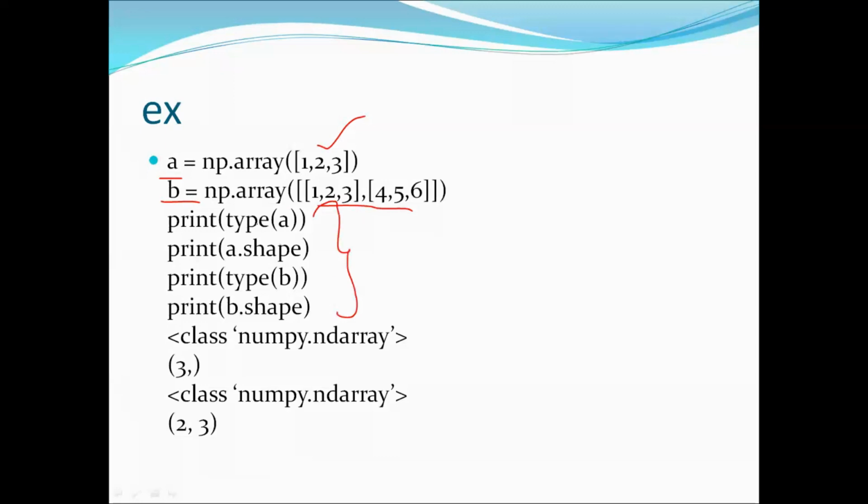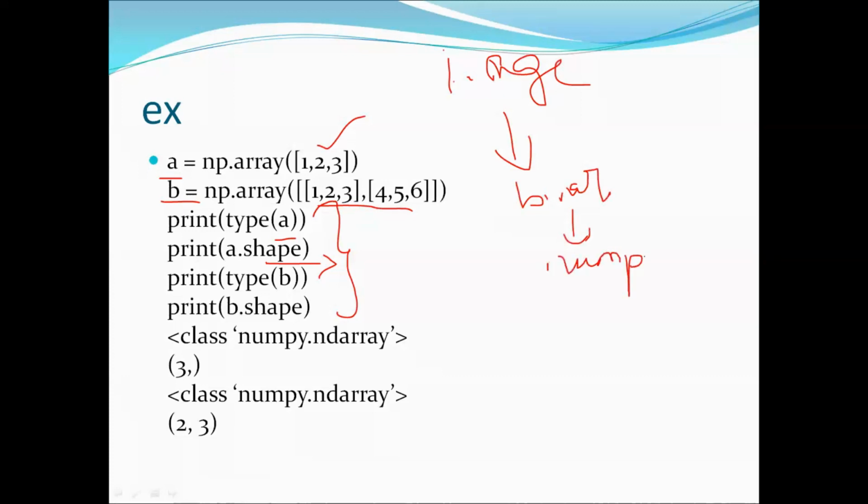We want to know the type of A. What is the type of variable A? Next, we want to know the shape. What shape is present? Two-dimensional, three-dimensional, how many rows and how many columns are present. Even for image processing, images are converted into binary. Those binaries are easily handled with NumPy.